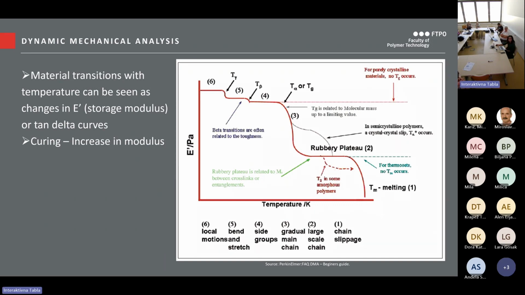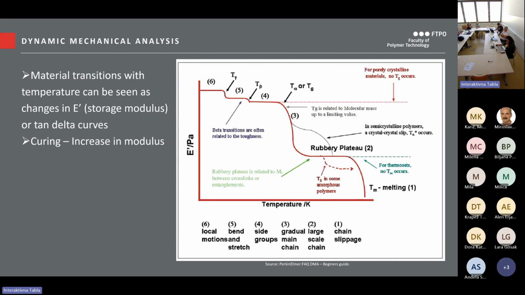If we have an amorphous polymer, we would not see Tg in purely crystalline polymers, but this is theoretical stuff. When we come over the Tg on the temperature scale, we on the molecular level start seeing some gradual main chain moves, and we notice an extensive drop in storage modulus.